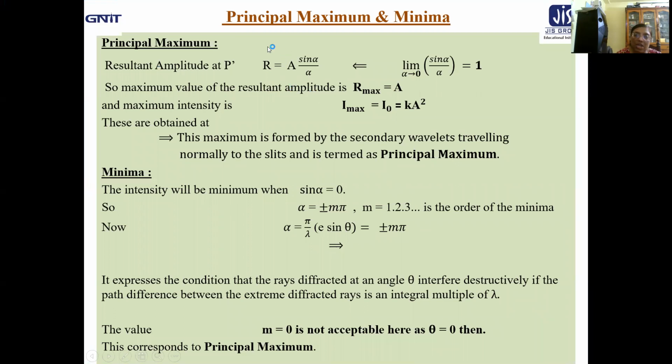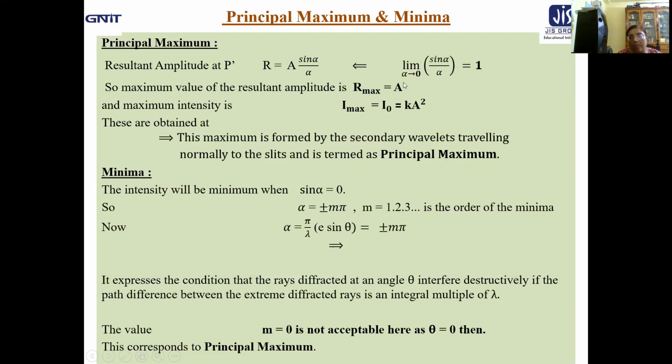Now, let us check it. What about principal maximum and minima? Resultant amplitude at P prime is R equal to A sine alpha by alpha. To have maximum, this factor must be maximum, that is 1. Okay, because A is the constant one, the incident amplitude. Now, how to make it 1?